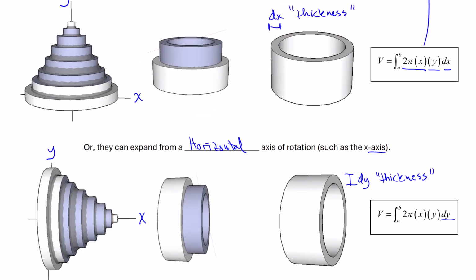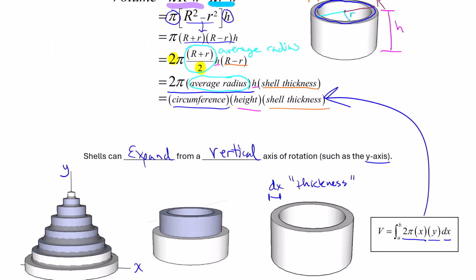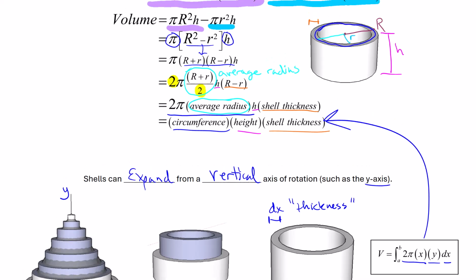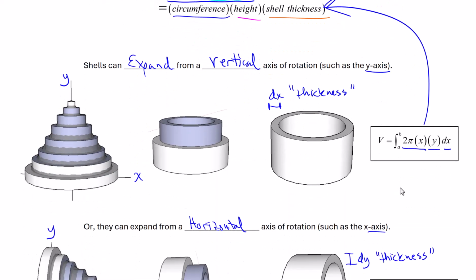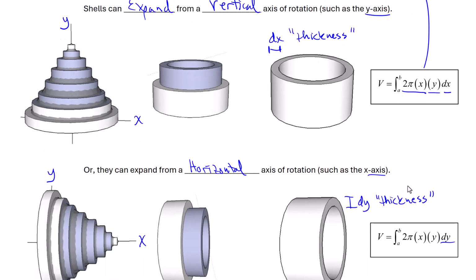But here's what's beautiful about this setup. Finally, here's where the value comes in, from all the algebra we did to factor out the pi's and the heights and all that stuff. That's all showing up now as value in the following formulas. Notice they're about the same, except one slight difference. They're both the definite integral from a to b of 2 pi xy and then d whatever. So in this case, it's a dx if your thickness is horizontal, or it's a dy if your thickness is vertical.